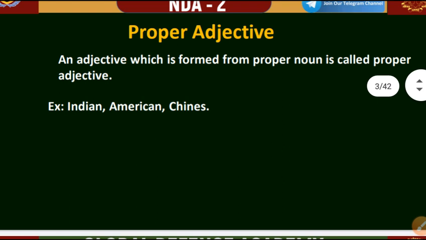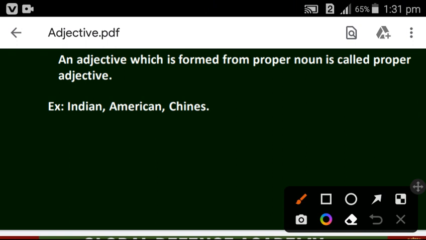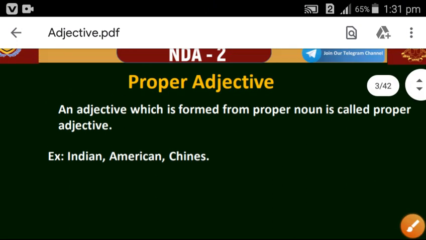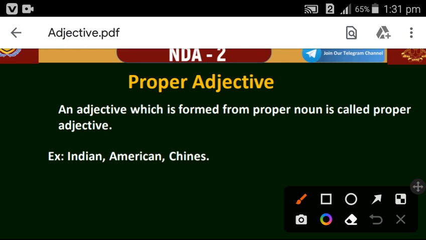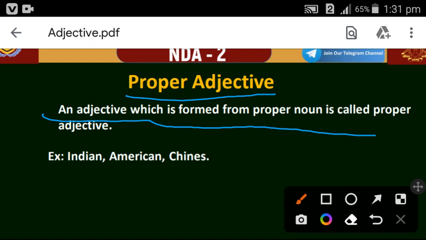And the first type is written here. What is proper adjective? As per its definition, an adjective which is formed from a proper noun is called a proper adjective.